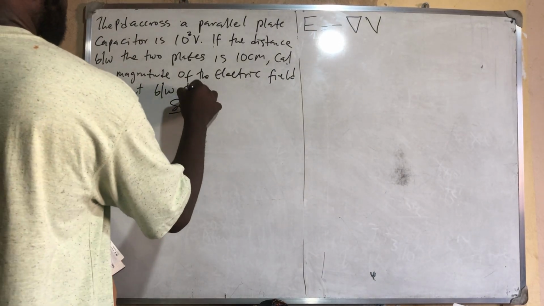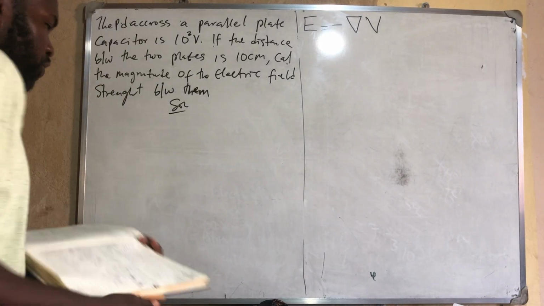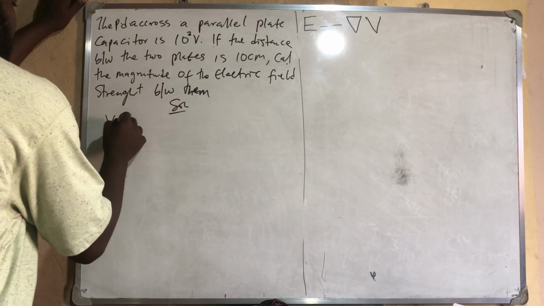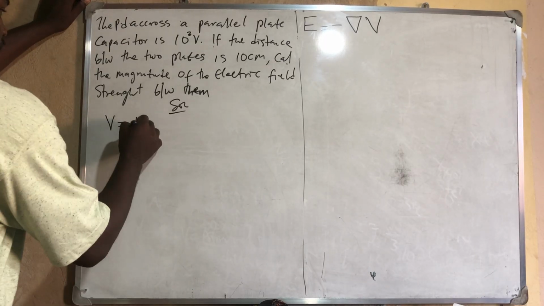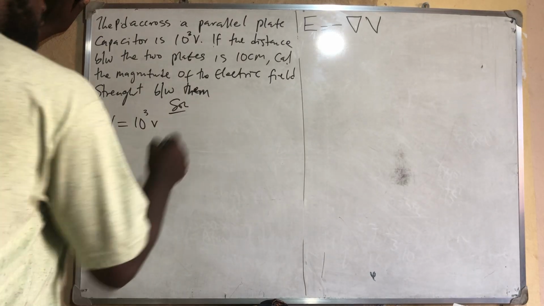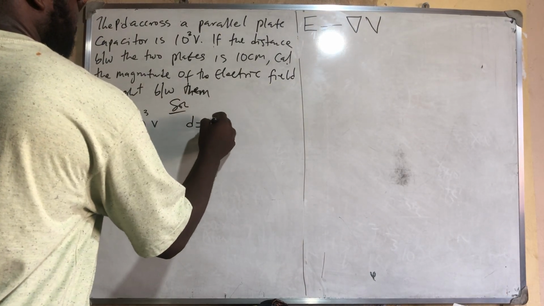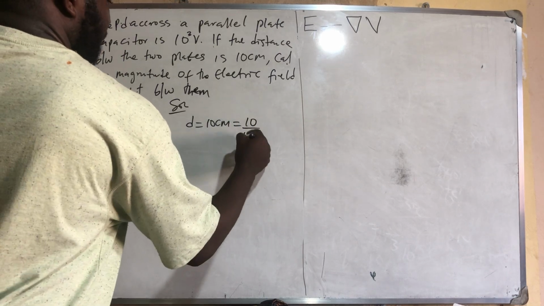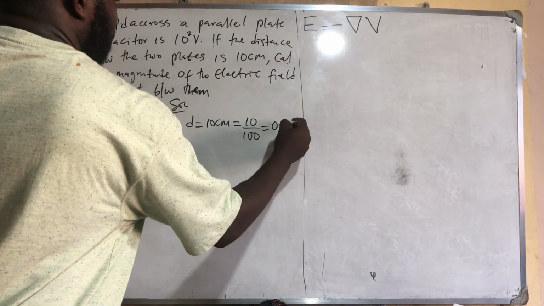Solution. The first thing you do is to bring out your parameters. They gave me the potential difference, which is 10 raised to power 3 volts. The next thing they gave me is the distance, which is 10 cm, but I have to change it to meter, which is 10 divided by 100, which is 0.1 meters.